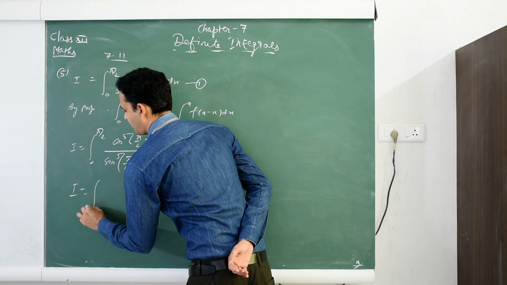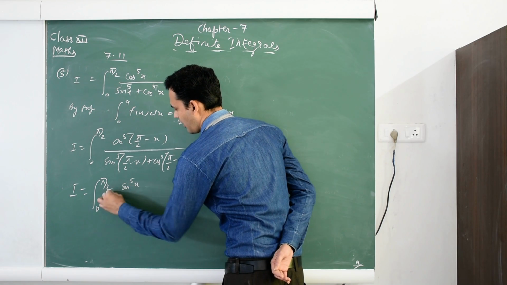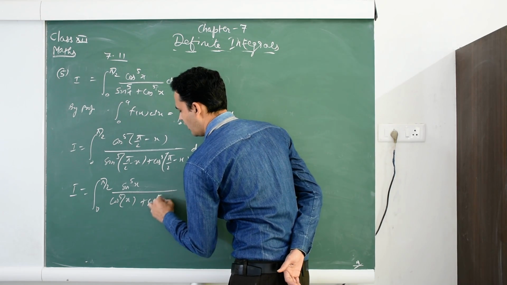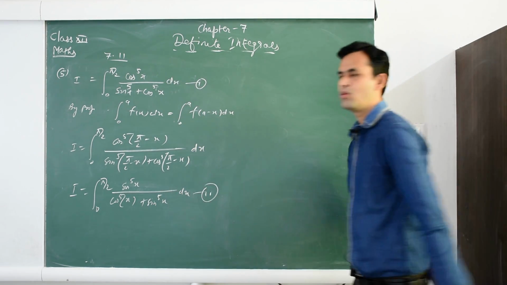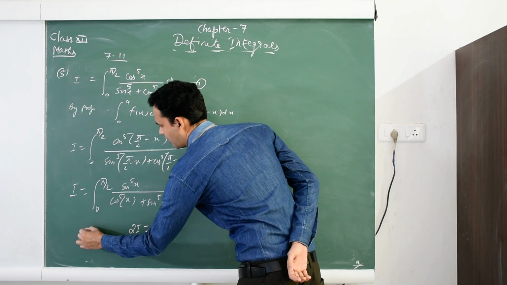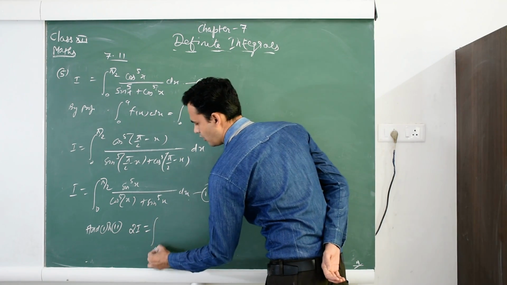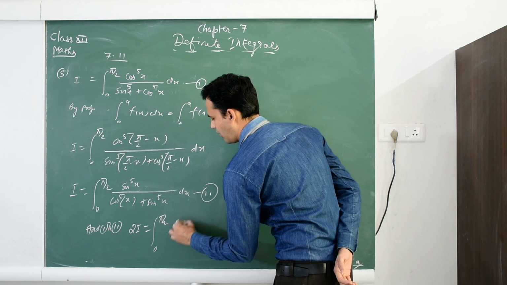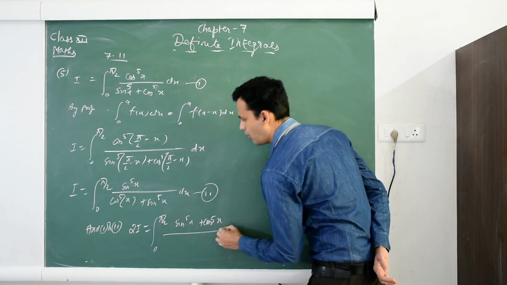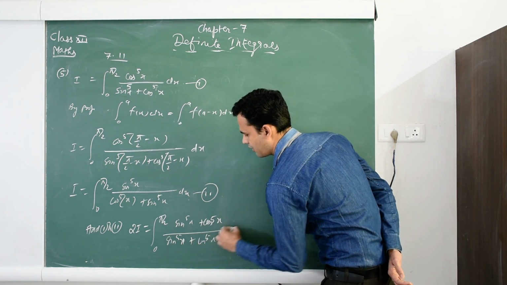So, integral from 0 to pi by 2, cos(90 minus theta) is sin theta. So it is sin 5x over cos to the power 5x plus sin to the power 5x dx, equation number 2. If we add both of these, first and second, we get 2I equals integral 0 to pi by 2 of (sin to the power 5x plus cos to the power 5x) upon (sin to the power 5x plus cos to the power 5x) dx.